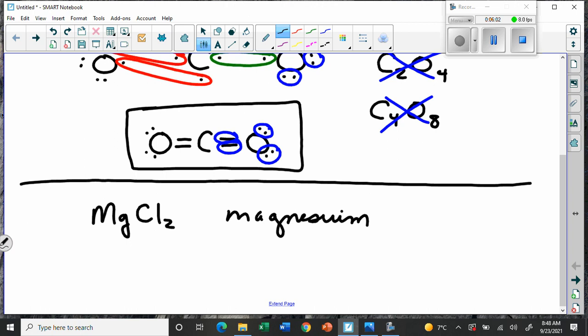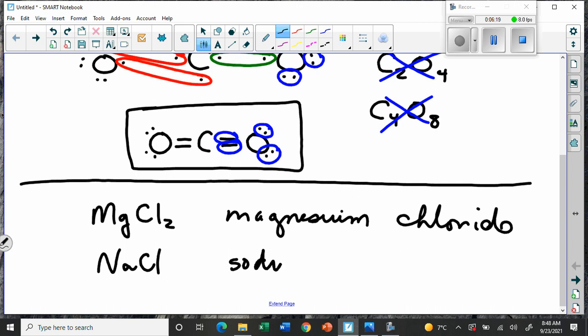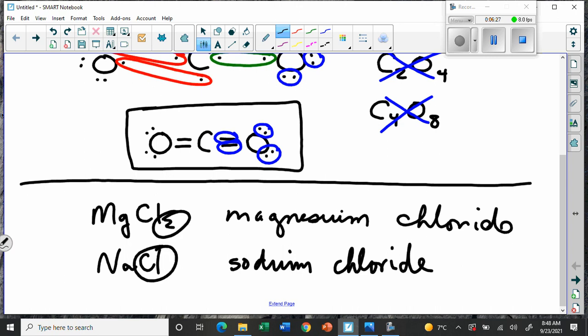And they always tend to get together in the lowest possible ratio. That's why we reduce things when we get crisscrosses that give us numbers that can reduce. So this was magnesium chloride, right? And then sodium chloride looks like this. It has only 1 Cl, and it's called sodium chloride. So we don't make any distinction here about the difference between having 2 or having 1 chlorine with the ionic compounds.